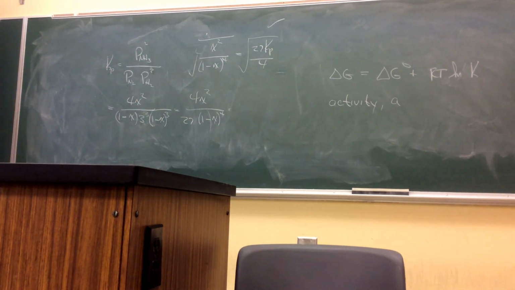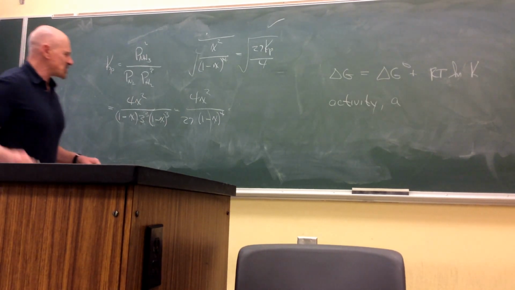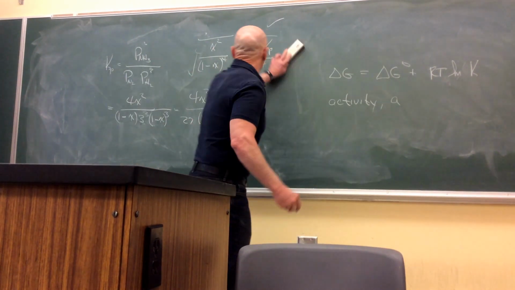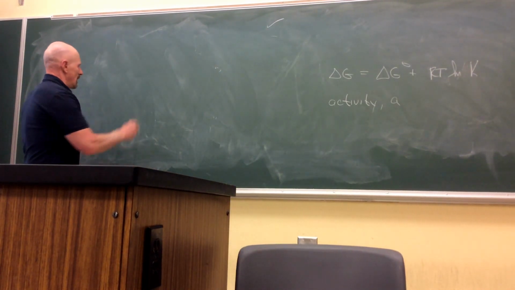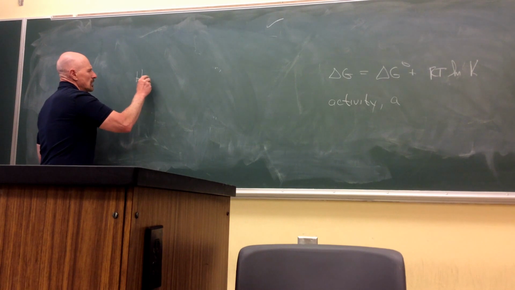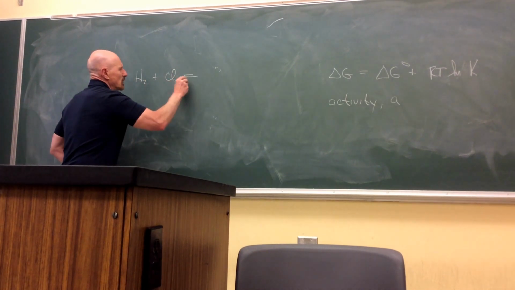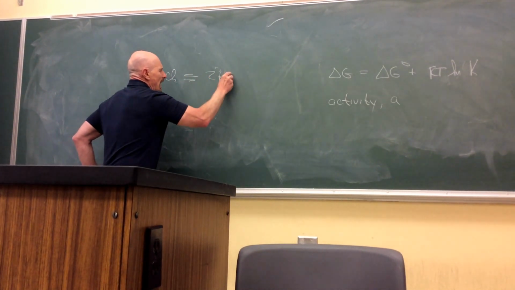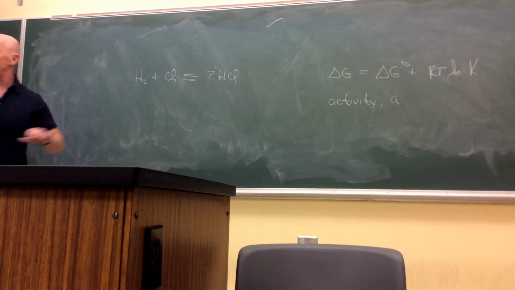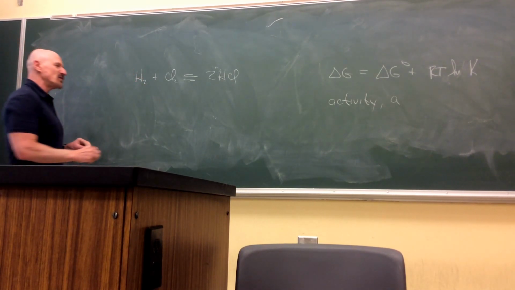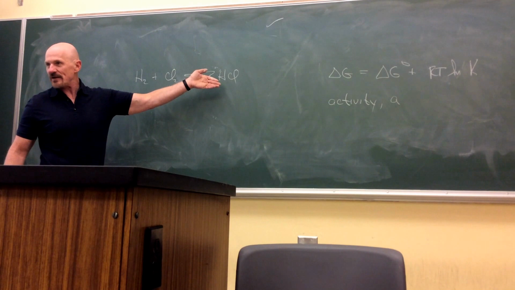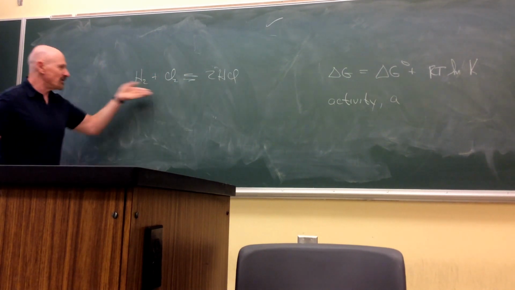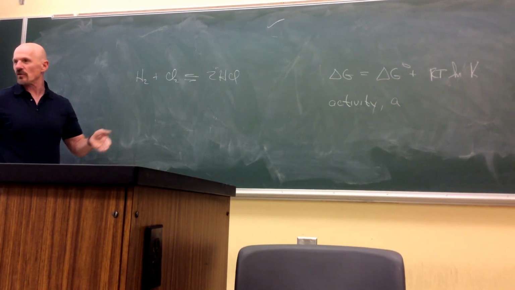So when I write a reaction, for example, here I have a reaction up here in the notes: H2 plus Cl2 in equilibrium with 2HCl. Now, we treat these as ideal gases. You write the pressure of HCl squared divided by the pressure of H2 and the pressure of chlorine, right?